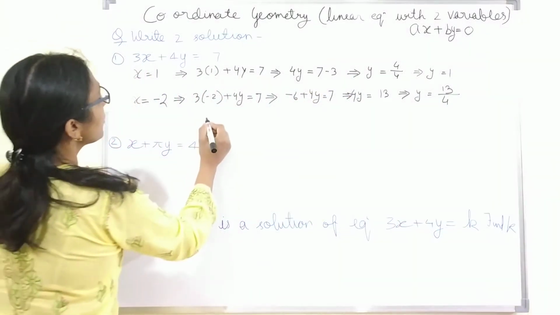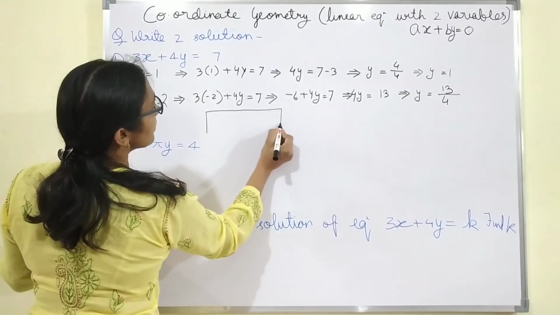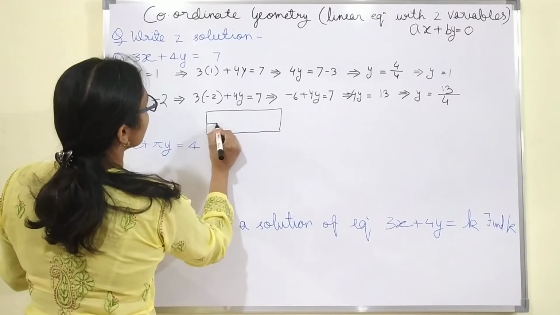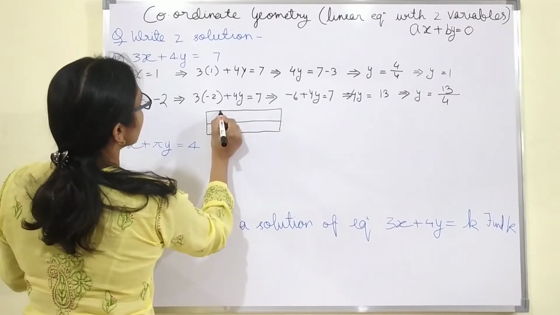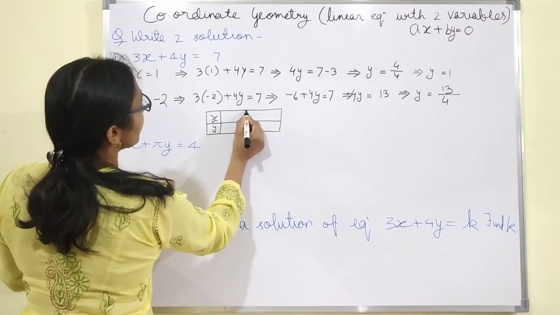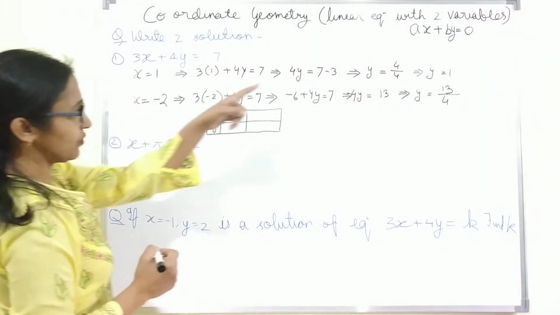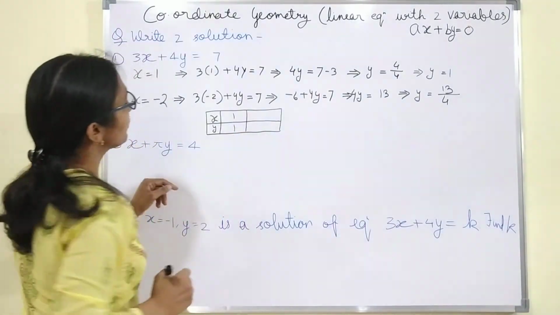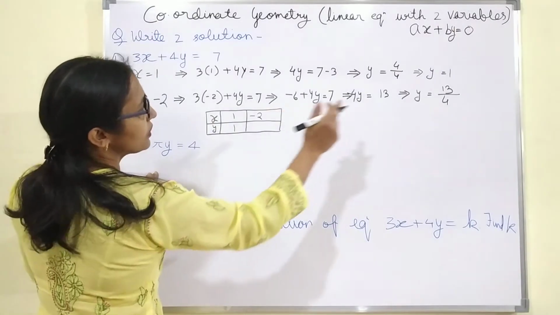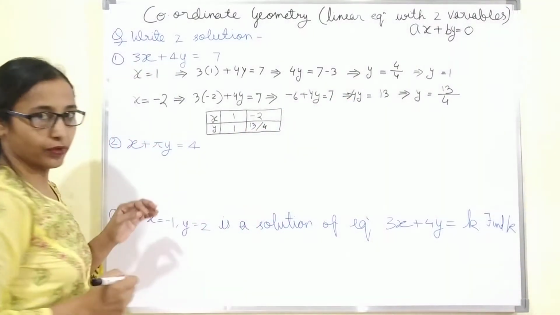Now we will draw the table of x, y. If x equals to 1, y equals to also 1. If x equals to minus 2, y equals to 13 upon 4.